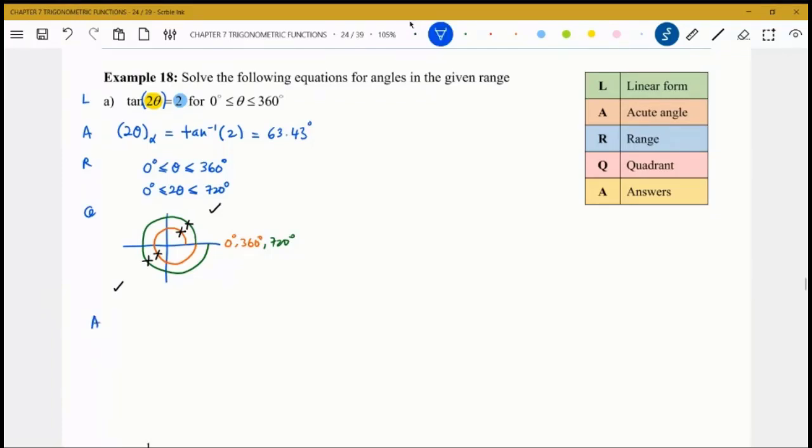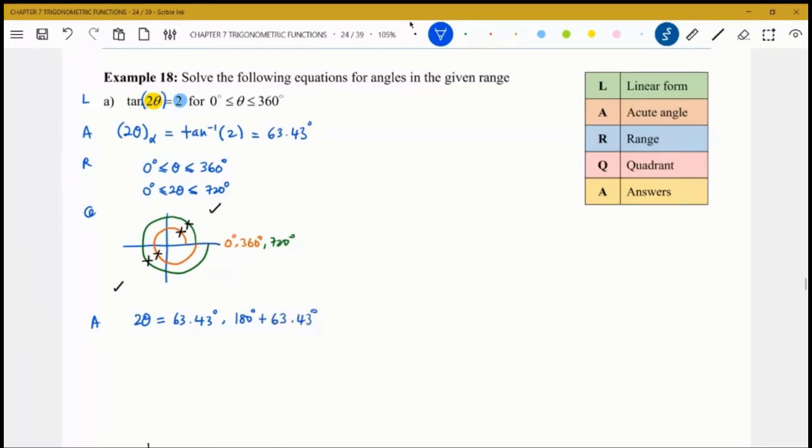Okay, so answer kita adalah 2 theta, subjek kita. So first angle kita adalah acute angle di mana dia adalah 63.43. And then on the second angle pada third quadrant, pada first rotation, bermaksud 180 tambah dengan acute angle kita adalah 63.43.